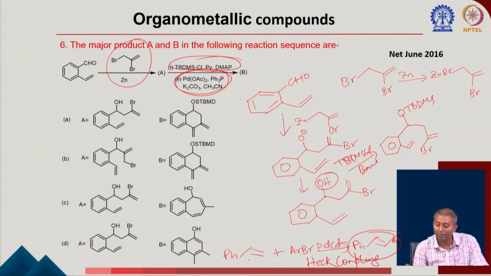So now here you have an olefin and then you have a vinyl bromide. Okay, so what is going to happen? This vinyl bromide goes for oxidative addition. It is going to go for an insertion here. So let me try to draw some of the steps here.